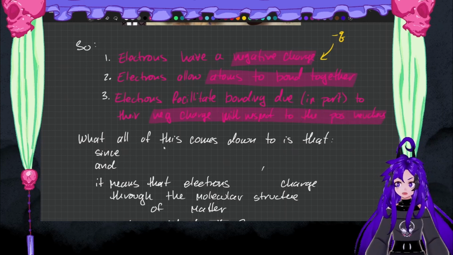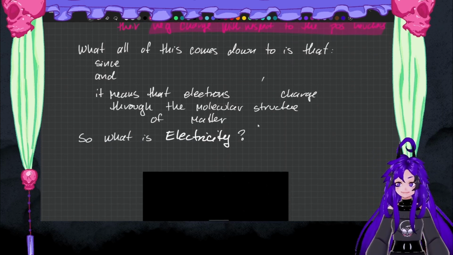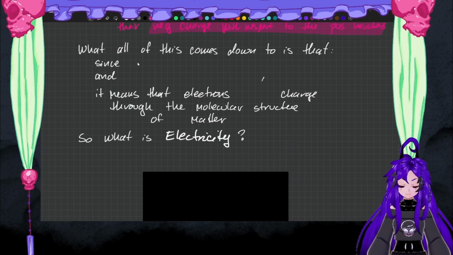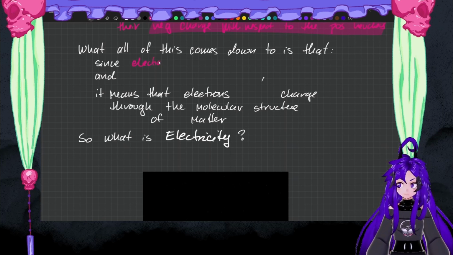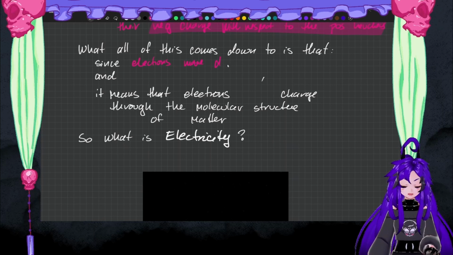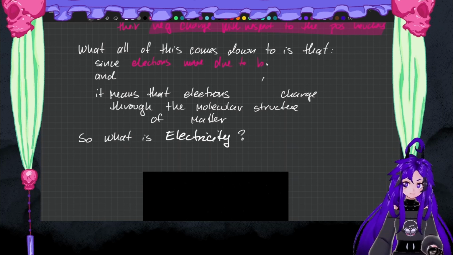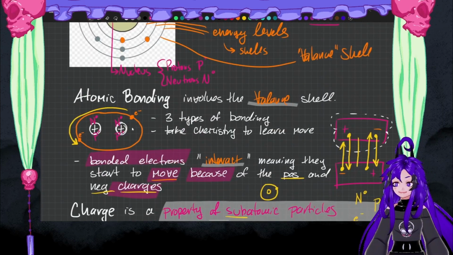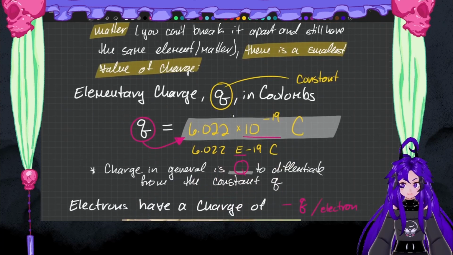Okay, so what does this tell us? This comes down to the fact that since electrons move due to bonding, because remember we said that once they're bonded, they have this NASCAR track that they zoop around on, right?